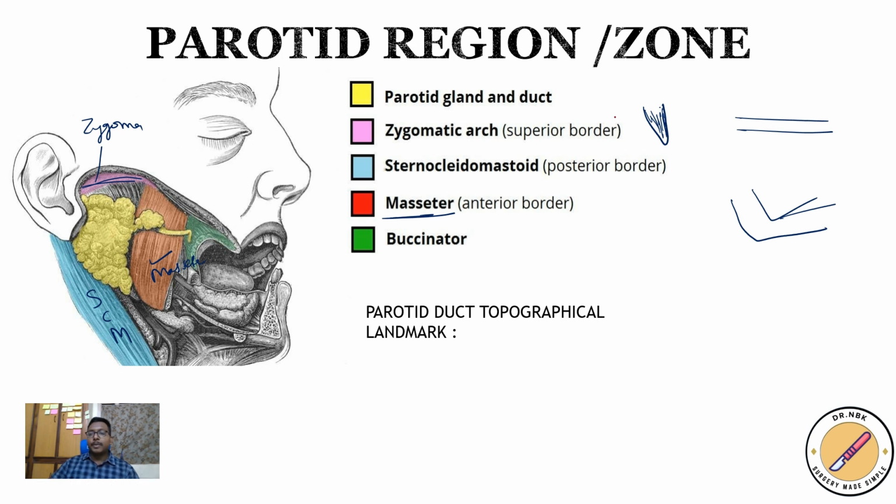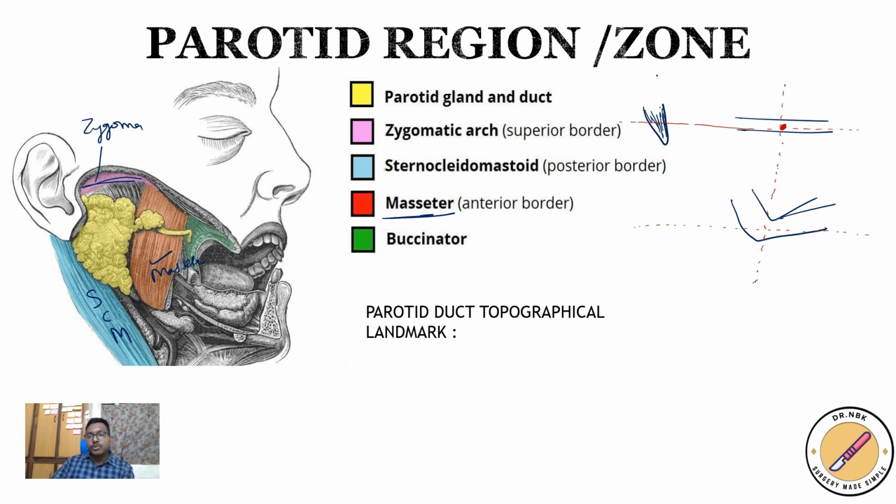What are the horizontal lines we have here? One superior horizontal line is passing through the zygomatic arch like this. Then inferiorly another horizontal line is drawn passing through the angle of mandible. Now, this is the midpoint of zygomatic arch, where we are drawing one vertical line anteriorly passing through this.